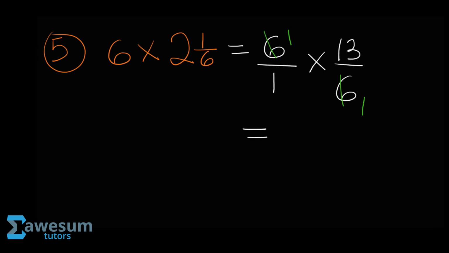So that means that I can go ahead to say that 1 times 13 is 13 over 1 times 1 is 1. 13 over 1 is 13. So my final answer is 13. Very easy. I'm sure it is easy for you guys right now. We have dealt with 5 examples.